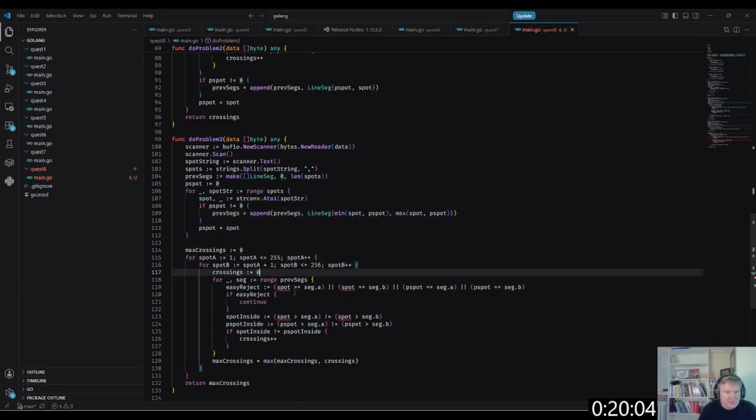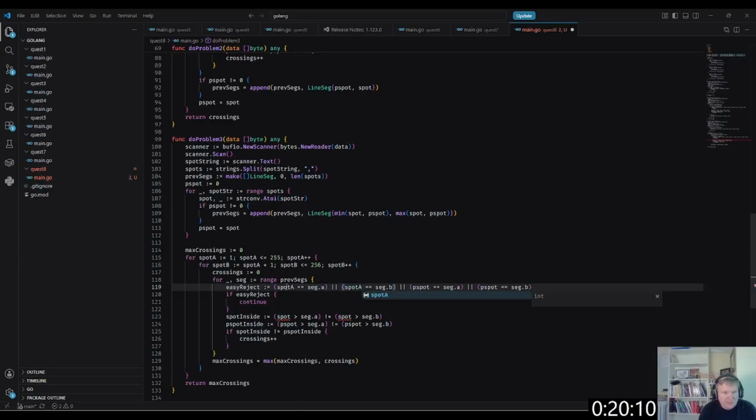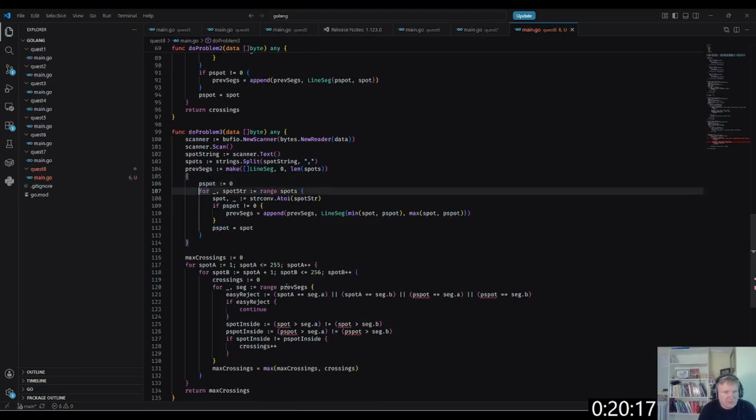And then this is spot A. Okay, and actually I'm going to surround this here so that spot goes out of scope.